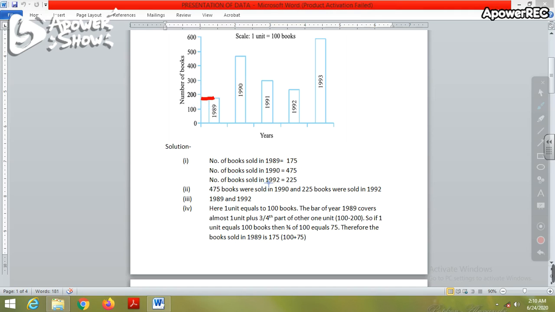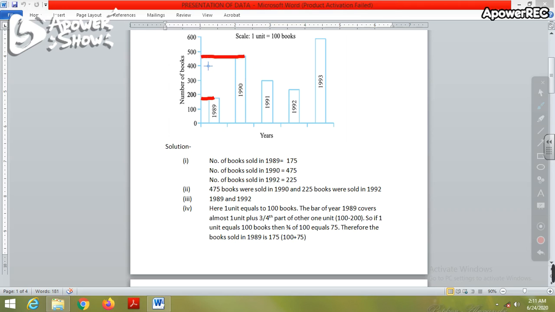Similarly, the number of books sold in 1990 equals 475. Again, draw a line. After drawing a line from here to here, we see that this value lies between 450 and 500.